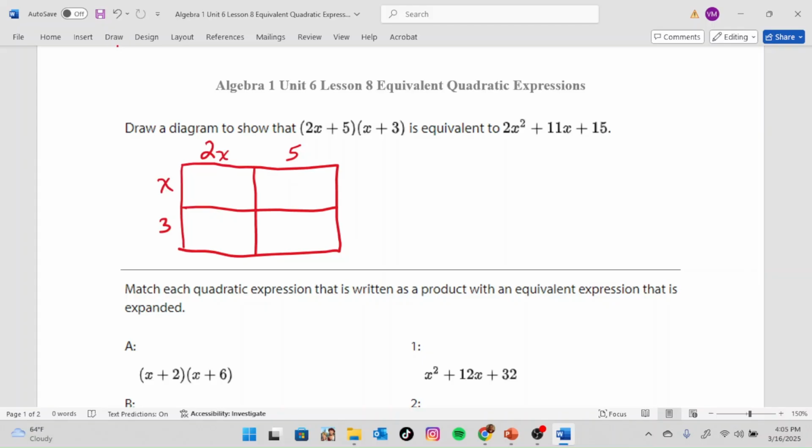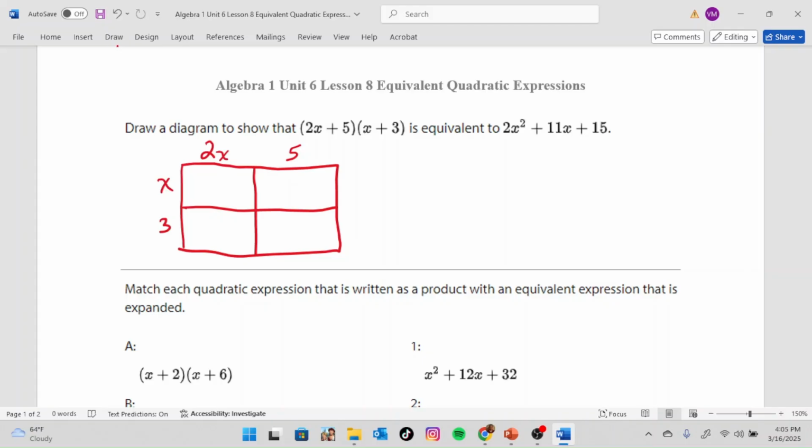The idea behind what we're going to do here, some of you may have done before in biology when you look at Punnett squares to determine what genes offspring of two parents might have. So we're going to take whatever's at the top of the column and multiply it by each thing that's on the left side.